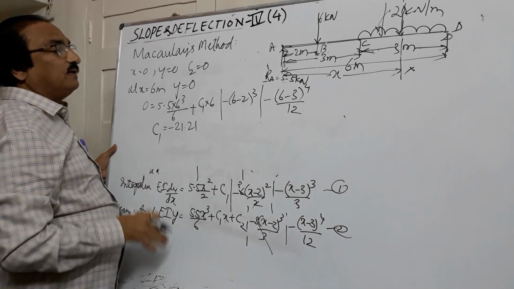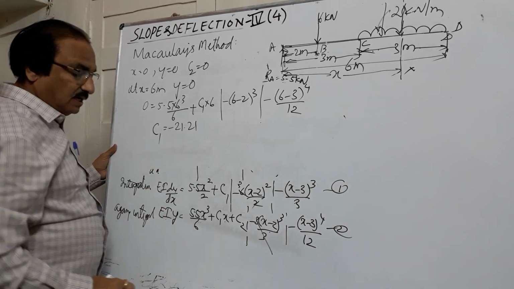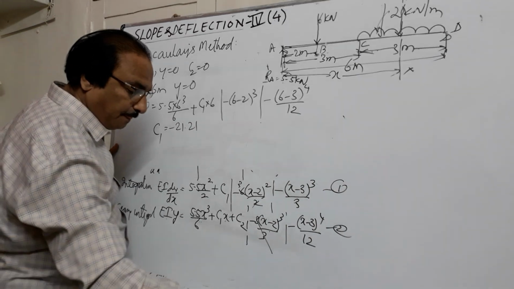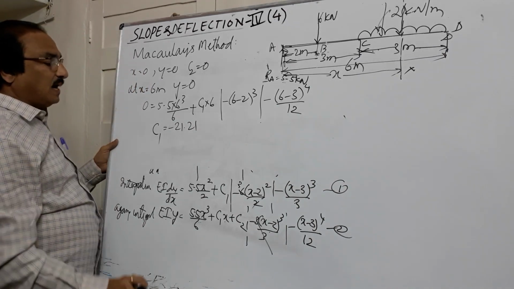So now you know C1 and C2. You can write finally the equations for slope and deflection.